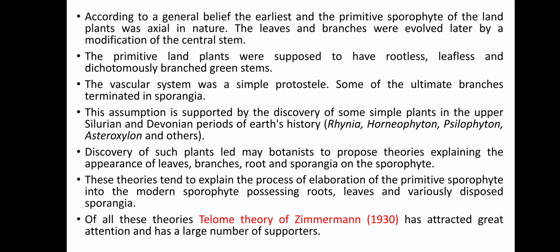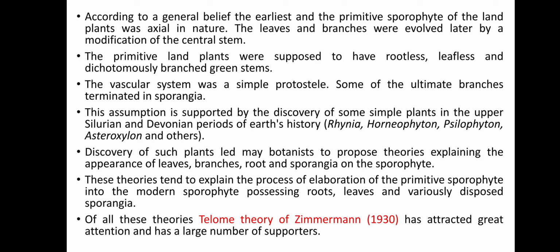Discovery of such plants led the botanists to propose theories explaining the appearance of leaves, branches, roots and sporangia. These theories tend to explain the process of elaboration of the primitive sporophyte into the modern sporophyte possessing roots, leaves and variously disposed sporangia.